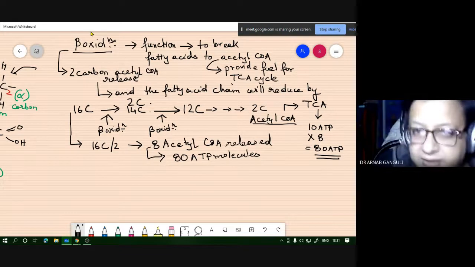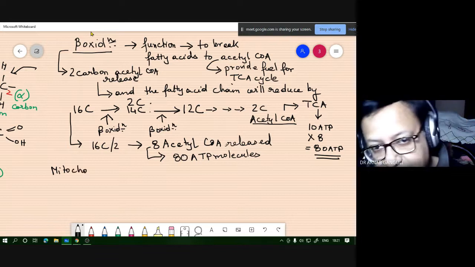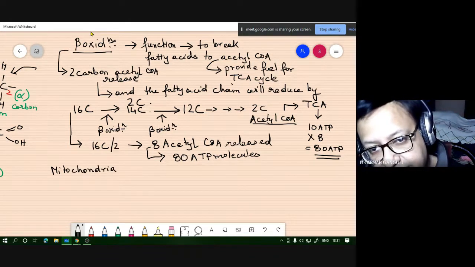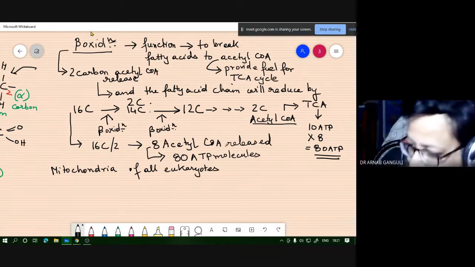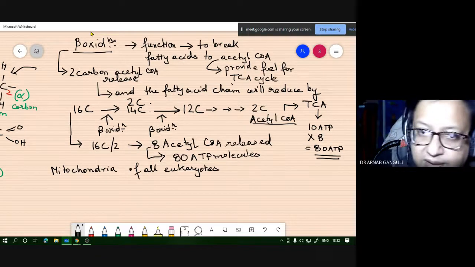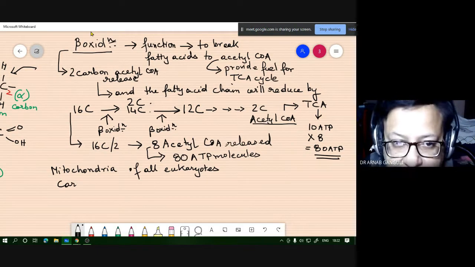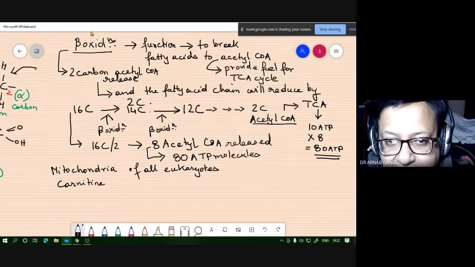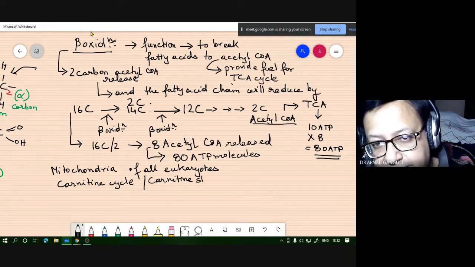Very good. Now this beta oxidation, it takes place in the mitochondria of all eukaryotes. Here there is another cycle known as carnitine cycle. Some people call it the carnitine shuttle.